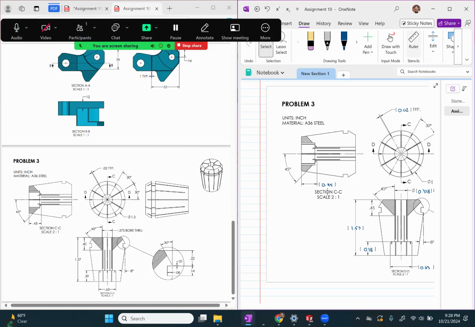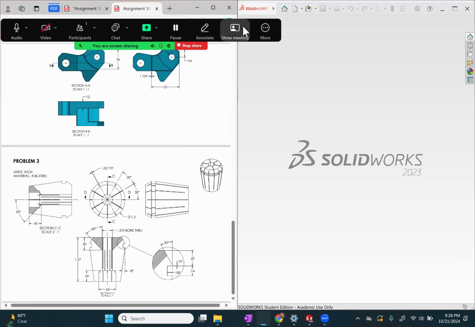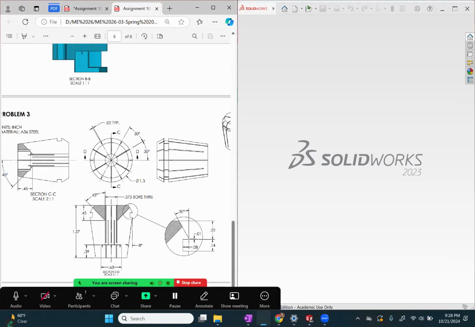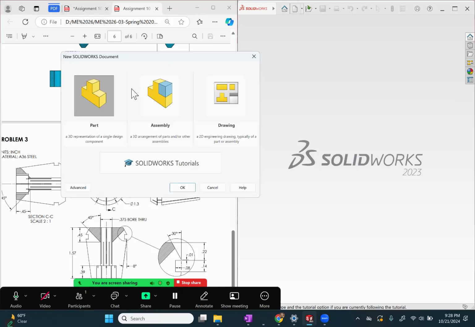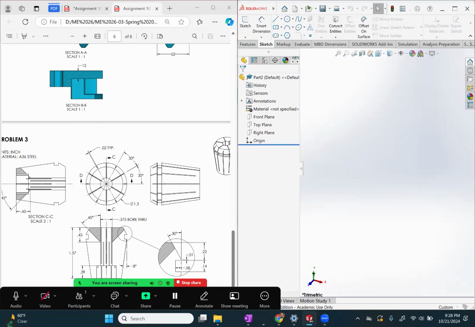So let's open up SolidWorks. Let's get ready to make our part. I'll start a new part file. Our units are in inches. So we'll set that over to inches.